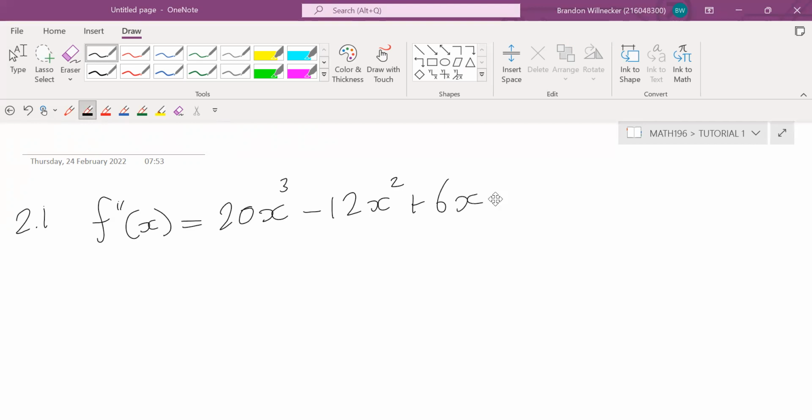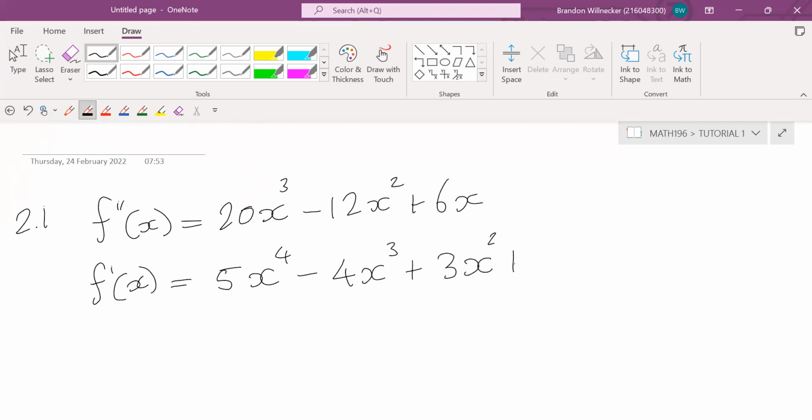Okay, so now we want to find the original function. So first we can take the antiderivative to find the first derivative. And that's going to be 20 over 4. So that's going to be 5x to the 4 minus 4x cubed plus 3x squared plus c.